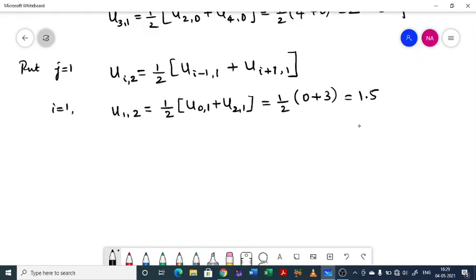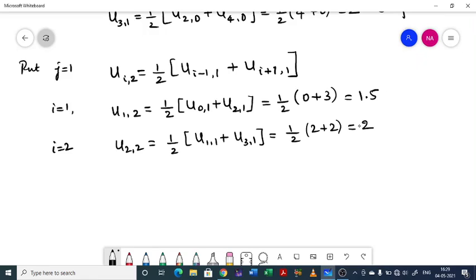Next, i equal to 2. u(2,2) will be 1/2 times (u(1,1) plus u(3,1)), that is 1/2 times (2 plus 2), that is 2.